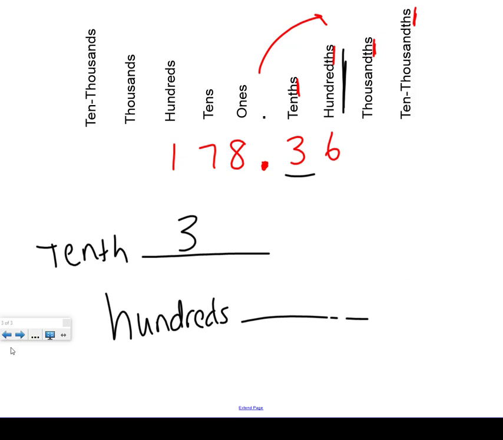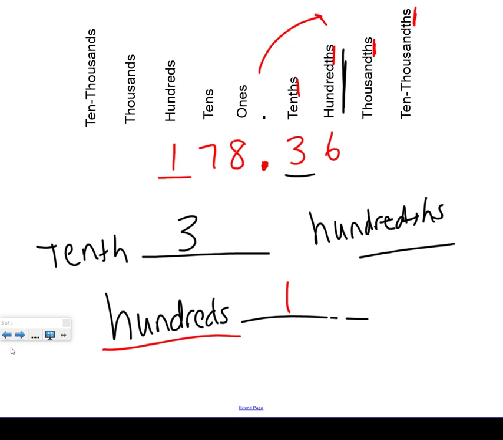And notice that this one does not have a THS on the end of it, so we're talking about 1. The next number that we're looking for is in the hundredths place value. And what number's in the hundredths place value? Good, 6. The next one is the tens place, no THS, just TENS, and we find that our 7 is in that place.